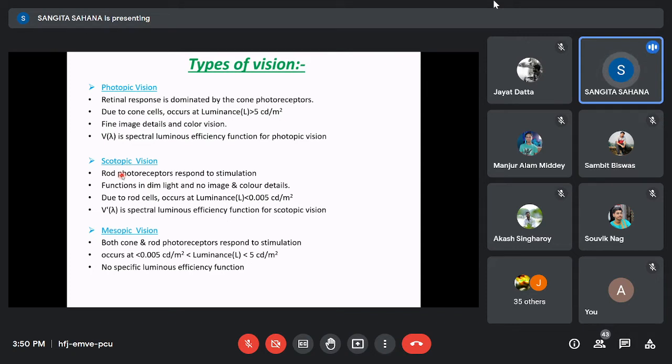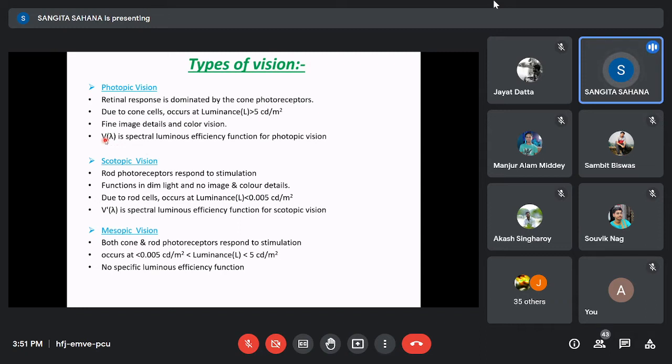When the response is dominated by the cone cell, that is called photopic vision. And here we can see fine image as well as the color, means we can identify what the colors are under photopic vision. And the spectral luminous efficiency function is V lambda.